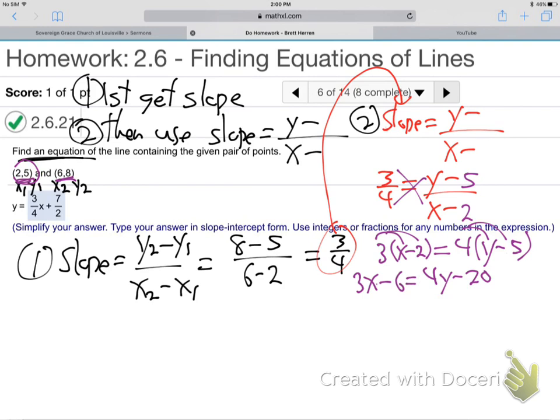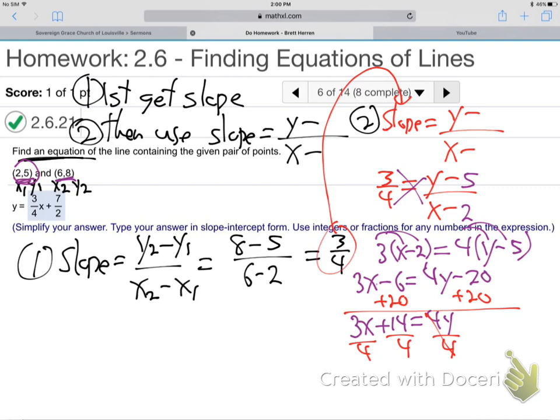Good to there so far? Want to get y alone? What do you got to do? Add that 20. 3x plus 14. Divide by 4. Y is alone.